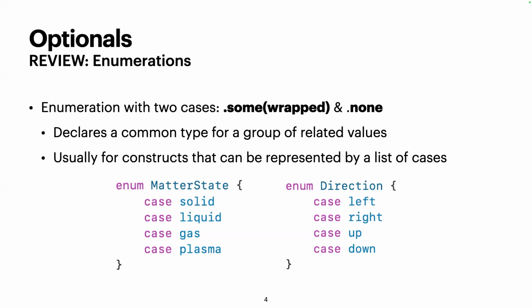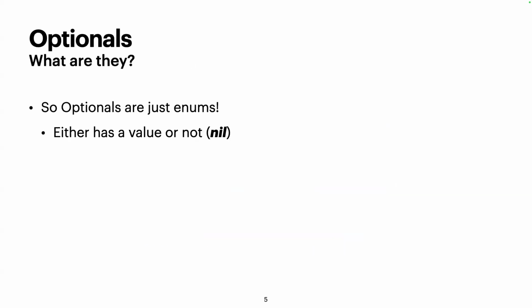An optional is basically an enumeration with two cases. It has case some, with some wrapped value within it, and case none, where there is no wrapped value. So optionals are just enums. It either has a value or not. We describe the not case with the keyword nil.